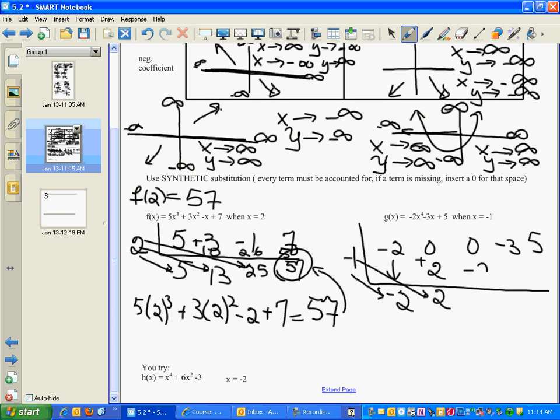And I add. Okay, now again, what's negative 1 times 2? Negative 2? And I add. And negative 1 times negative 1 is? And I add and get, what is g at negative 1? Right.